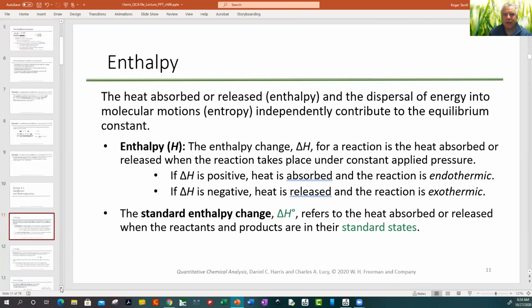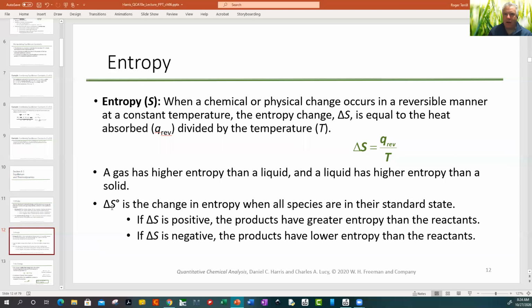So, all right, now entropy. Well, first of all, let me talk about it in a way that I understand it, which is imperfect, but it's a way to understand it.